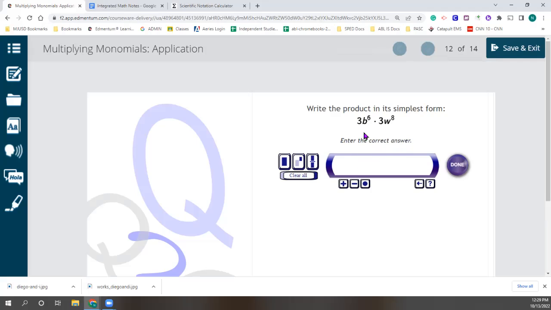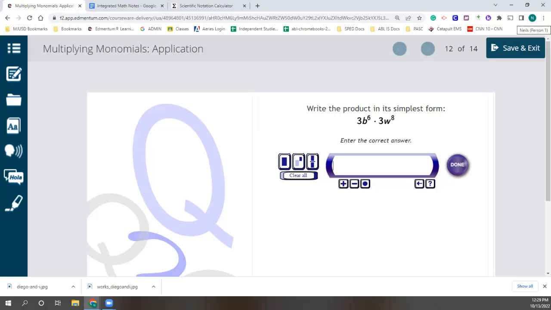Write the product 3b^6 multiplied by 3w^8. Gotta write it down and flip over my paper. I use a lot of scratch paper, friends. 3b^6 multiplied by 3w^8.